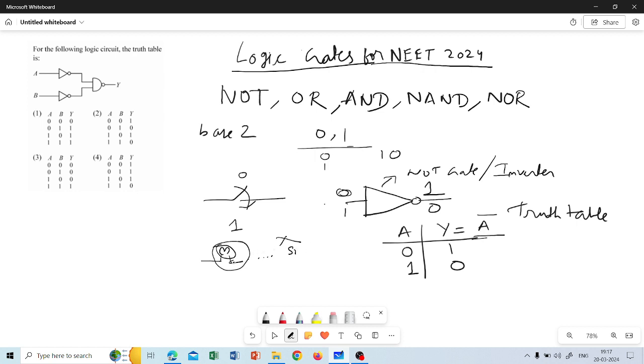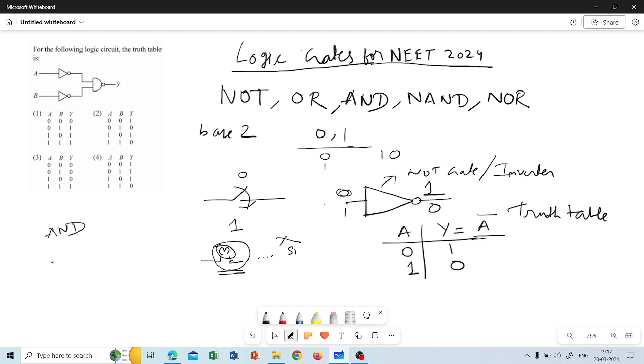So in this kind of connection, if one of the inputs is off, that is 0, where off means the switch is off and 1 means the switch is on, then all bulbs will be off.